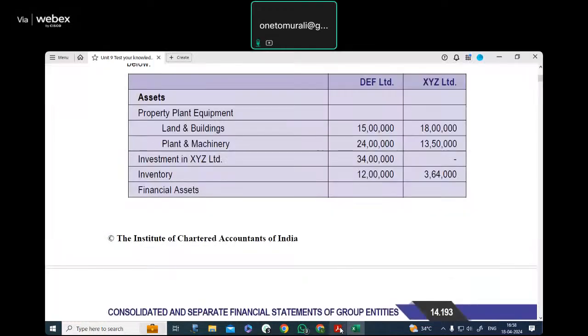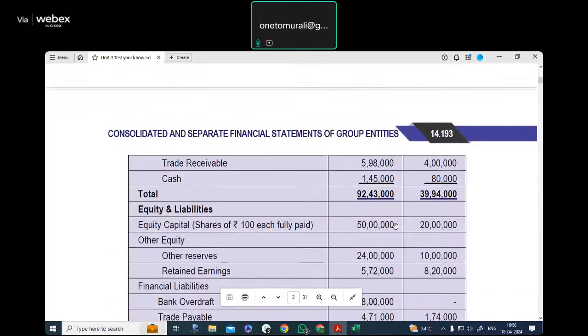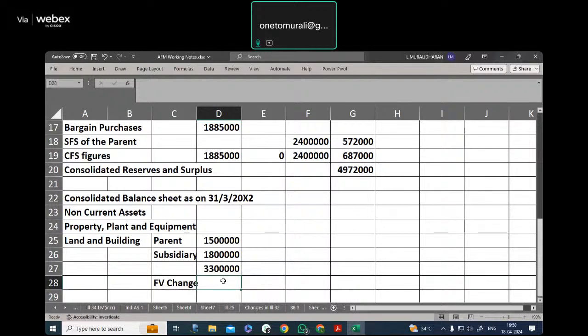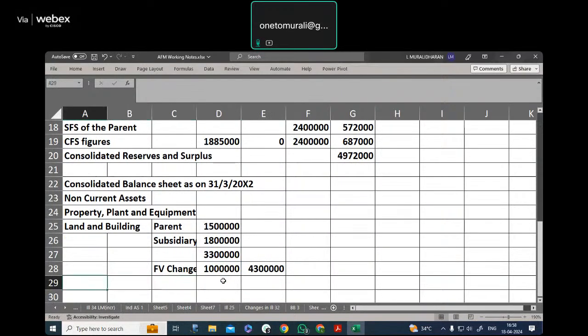How much is the fair value change? Which we have captured in our computation to the extent of 10 lakhs. So the figure to be taken to the outer column will be 43 lakhs. Plant and machinery.